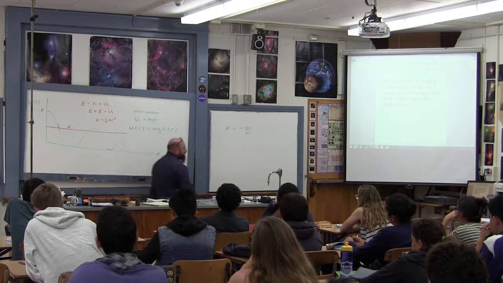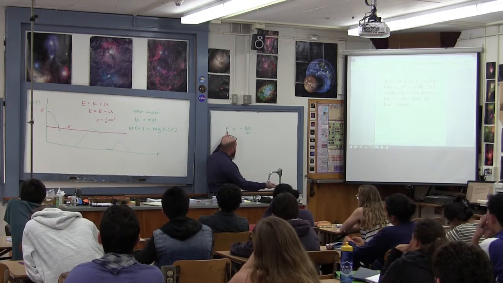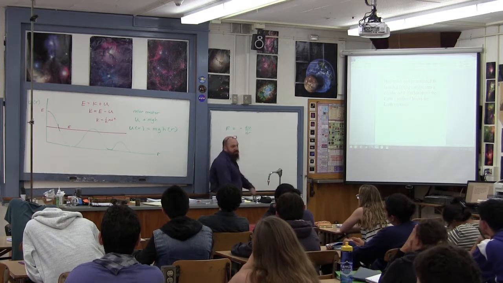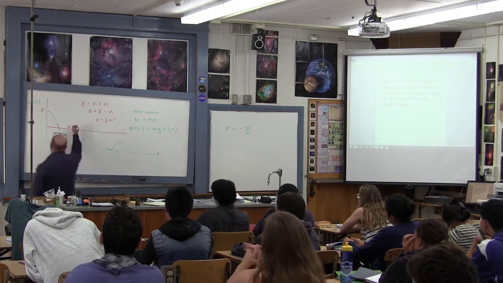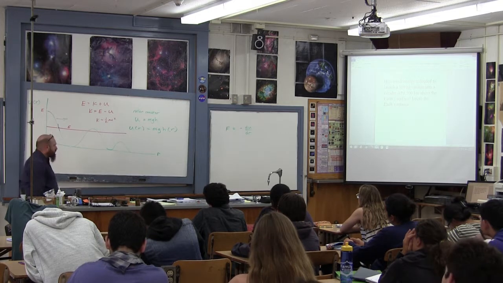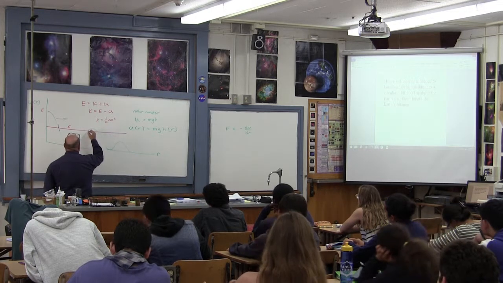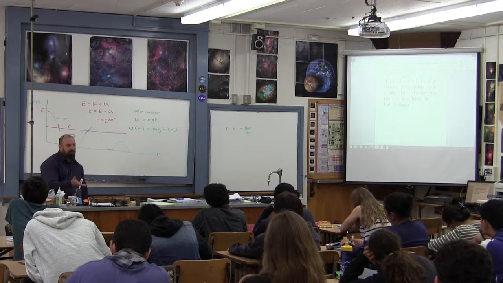Once again, the tangent line itself has a negative slope. The force in terms of the distance r is the negative of that. The negative of a negative is a positive, therefore the conservative force will act such that it pushes the object in this direction. Same thing on the other side. If you look right over here on the other side, the slope of the tangent line right there is a positive number.